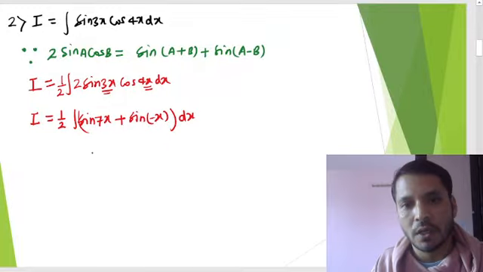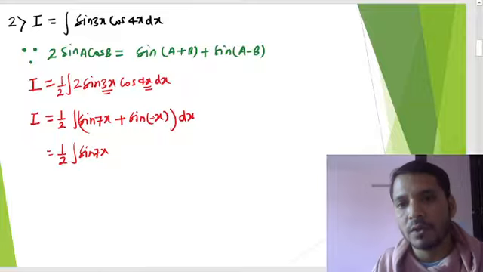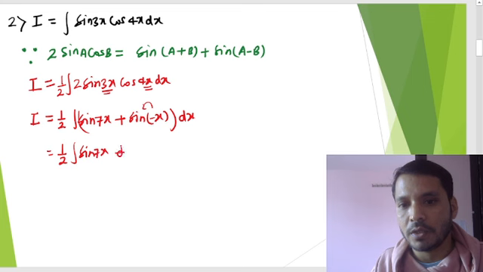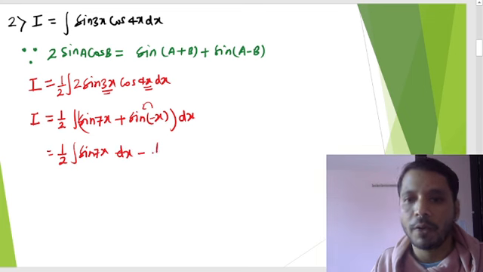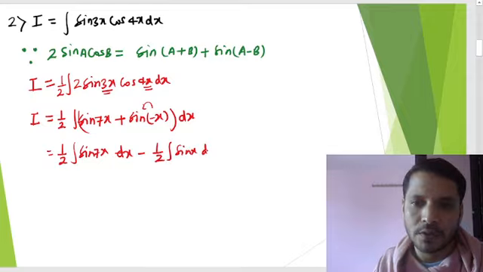into dx. Now separately we can take the integration of both. 1/2 integration of sin 7x dx, and the minus will come outside, so then minus 1/2 integration of sin x dx, right?